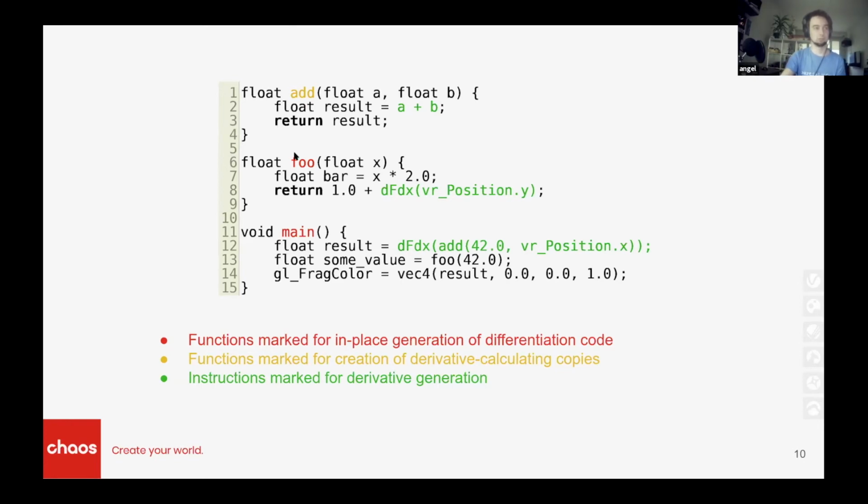And the function foo calls df dx in top level, so its code will need to be transformed in order to insert derivative generation. Now, the key part of this transformation is that it's just a simple forward pass of inserting derivative computation, because the variables with respect to which we compute derivatives are fixed.